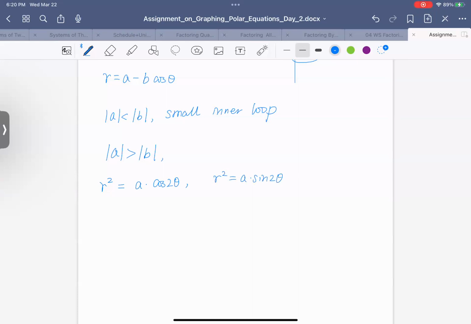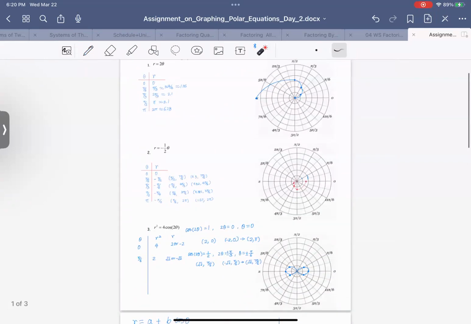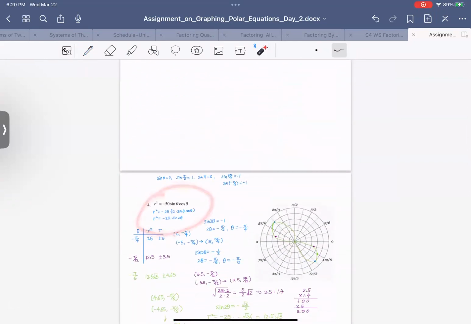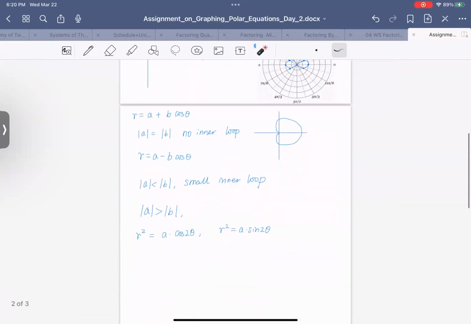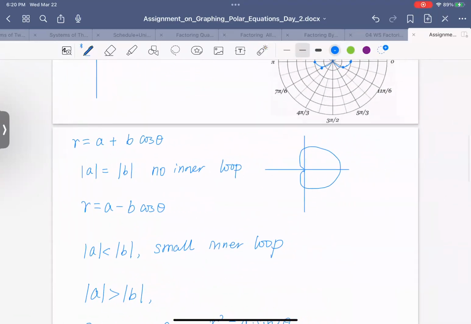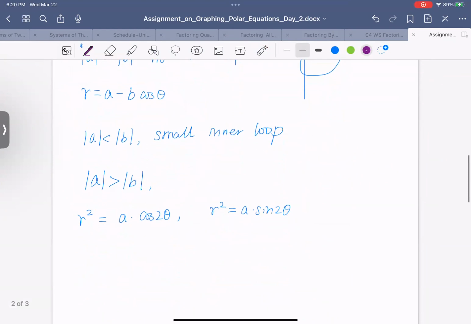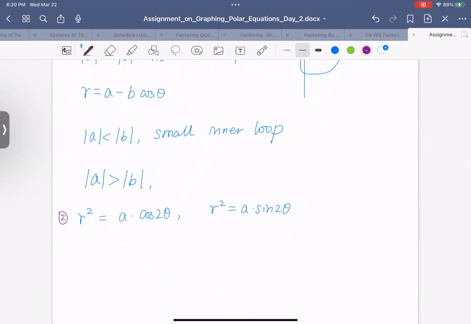Yes, for the lemniscate, landscape always uses 2 theta. This is for the R squared scenario. This is what we did for this question and this question. So type 1 already has many different scenarios, and type 2 is this landscape.